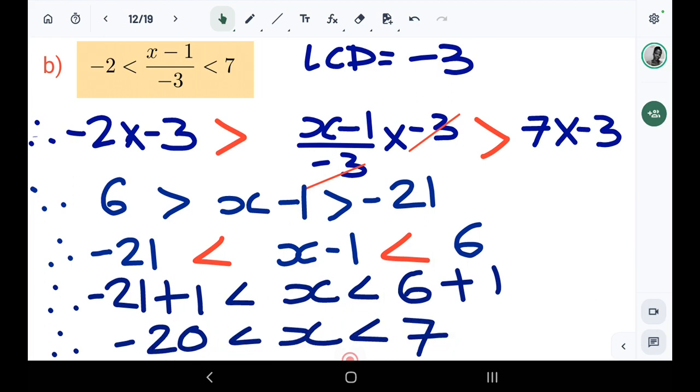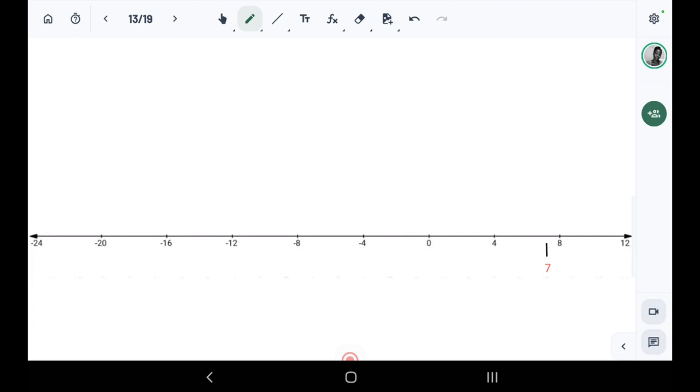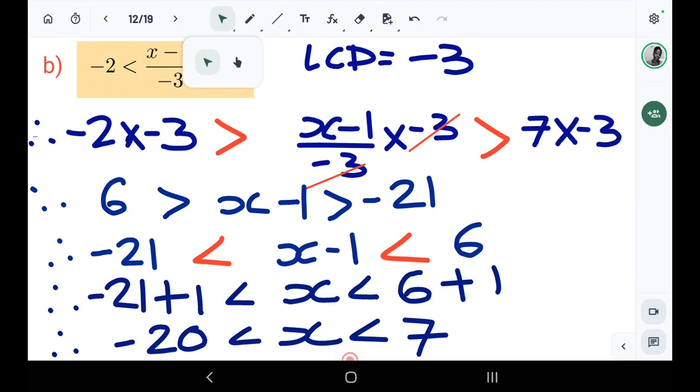How do you represent that in interval notation? That becomes, you've got your -20 and your 7 with a comma in between, and round brackets on either side, because none of them are included according to the inequality.